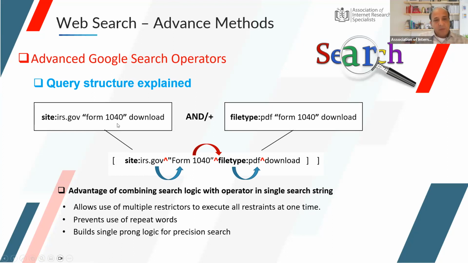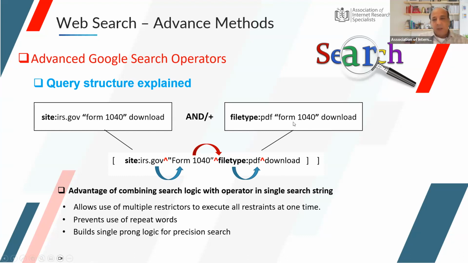So if this is one query, where I'm using site colon and irs.gov, not worrying about how the site operator works, but just because it's an example, assuming that it is a correct query and we want a site operator restrictor to bring pages from the irs.gov domain, and form 1040 download. These are the words. Form 1040 is a phrase.